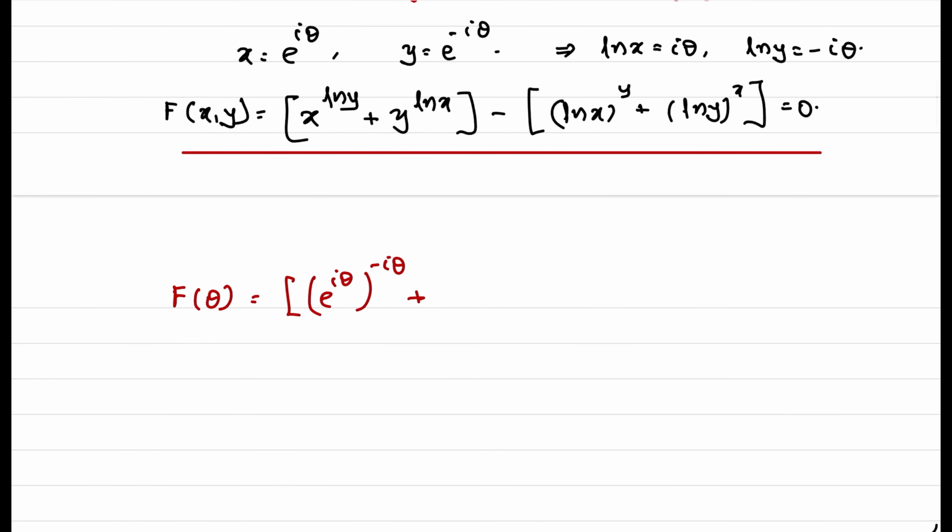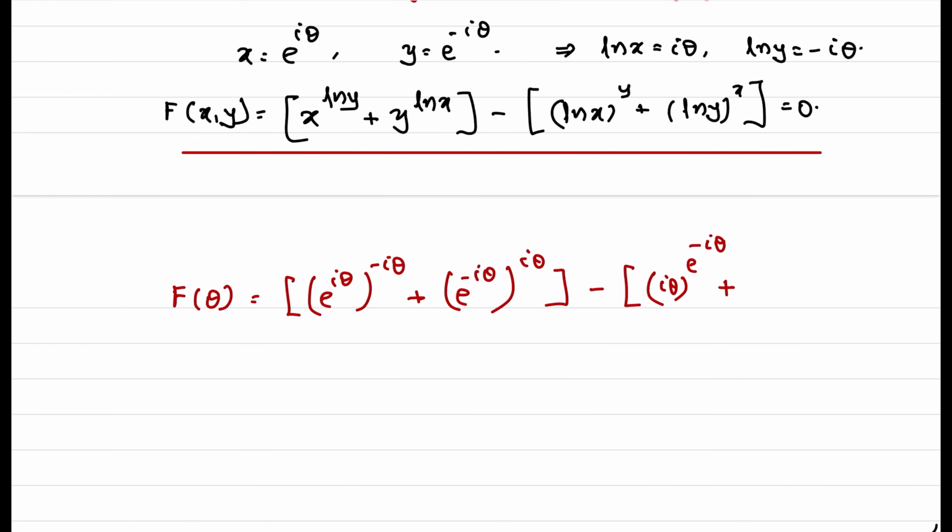Plus y is, what is y? e to the power of minus i theta whole to the power of ln x, which is i theta. This part is our first part. Minus. Second part is (i theta) to the power of y, e to the power of minus i theta.